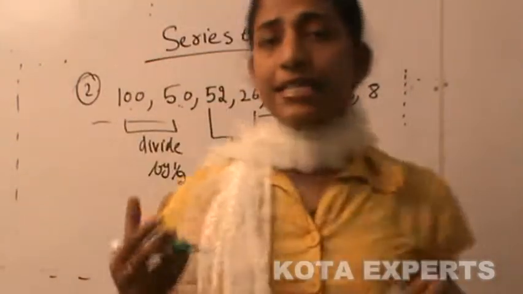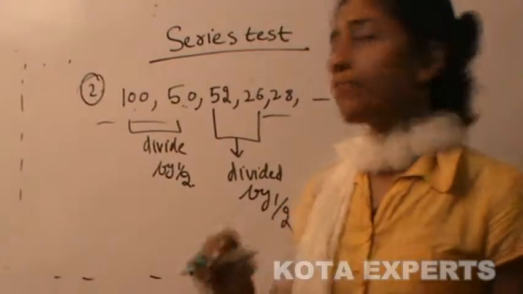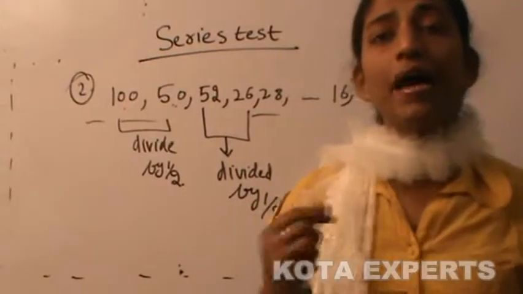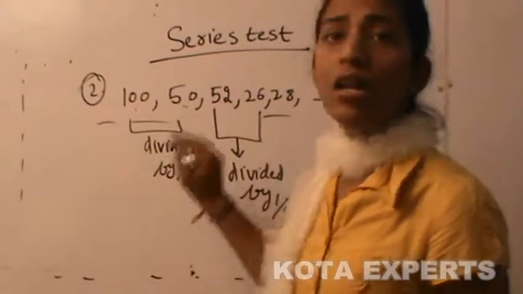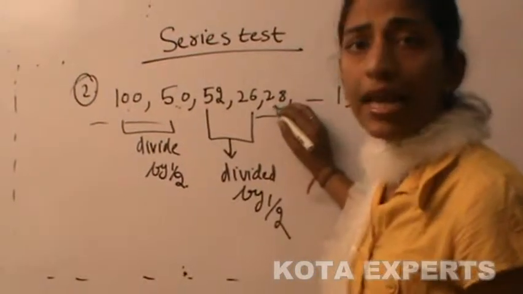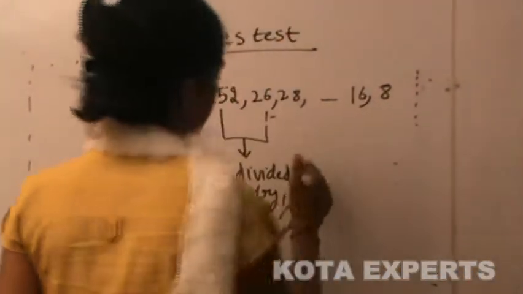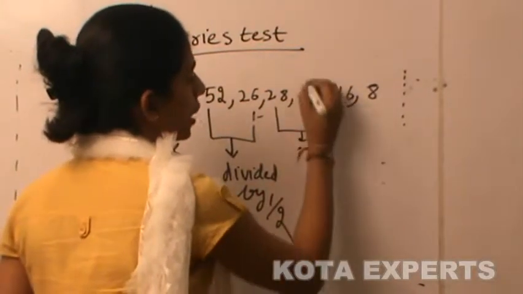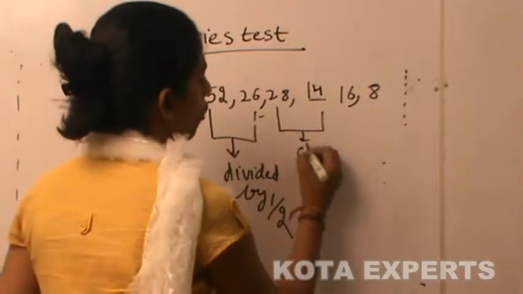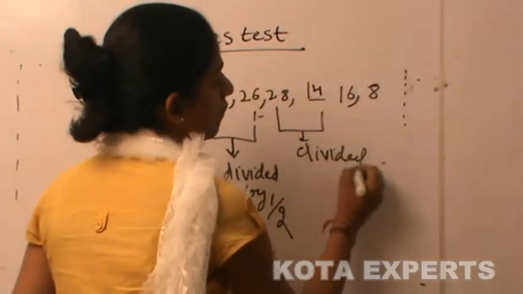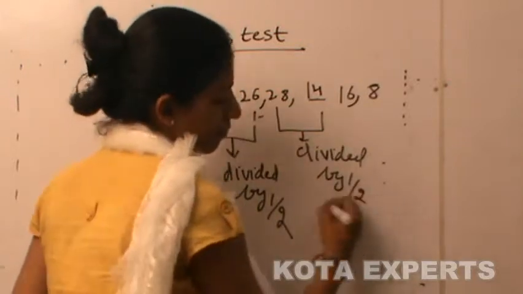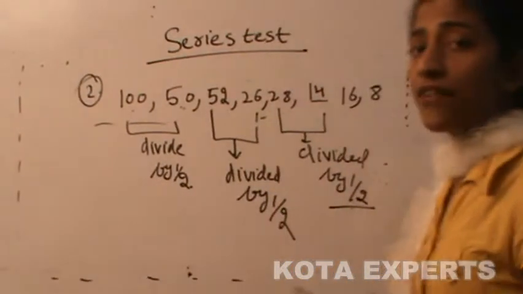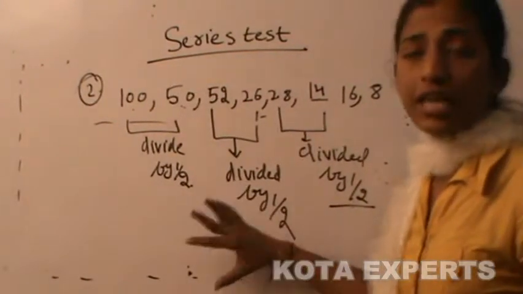So we see that the pattern follows: consecutive numbers are divided by half, and then the next number will come. Here we have 28, so what is the number? Halved, it is 14. So 14 is the number we want to find. Clear? These are very easy questions when you see them.